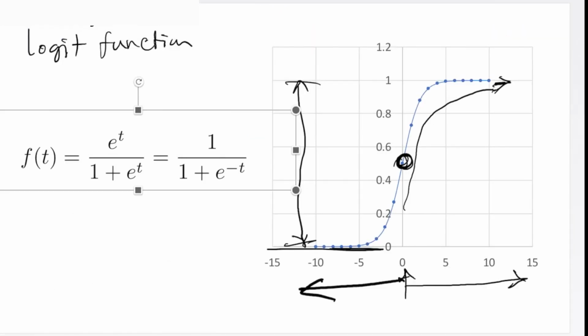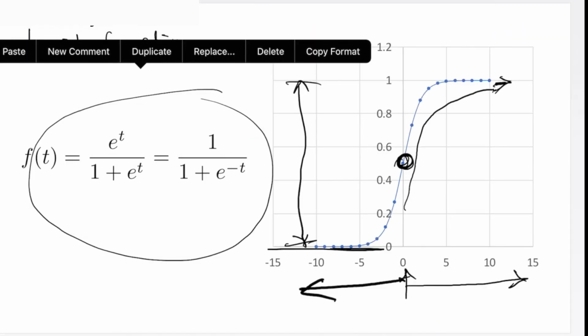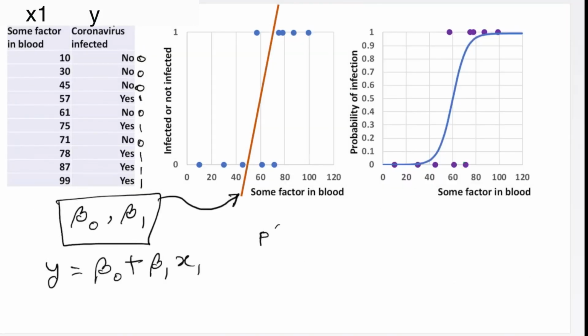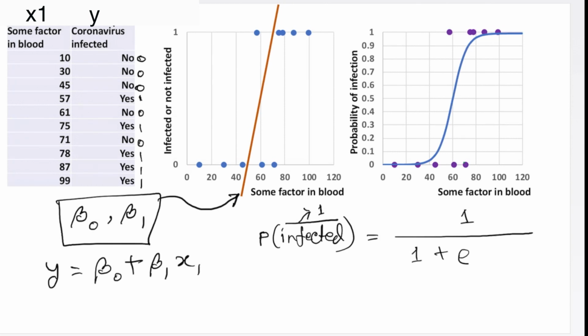Based on the logistic regression function we have here, we can write the probability that the person is infected. That means the probability that the person has 1 is equal to 1 divided by 1 plus e to the power minus (beta naught plus beta 1 x1).